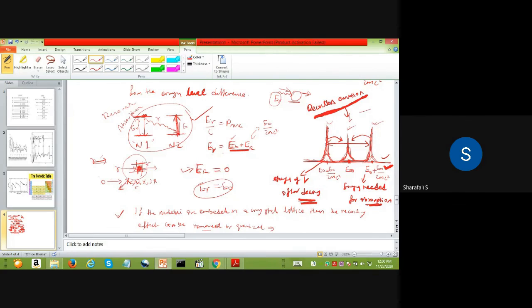There is no recoil, so we can estimate how much energy there is between the excited and ground state energy levels. That kind of emission is called recoilless emission, and it is given by this spectrum at the center. This spike will be smaller because the number of nuclei which give recoilless emission is very small, so it is small compared to these two cases.